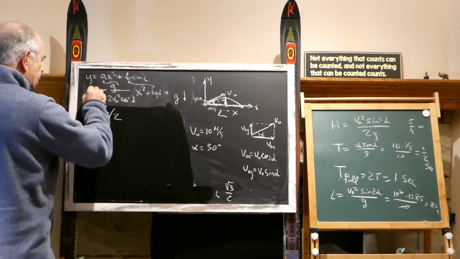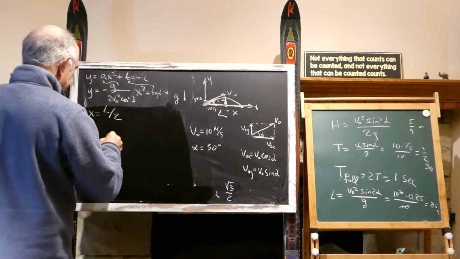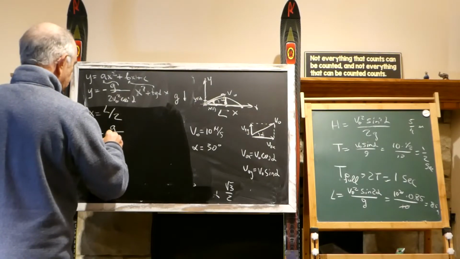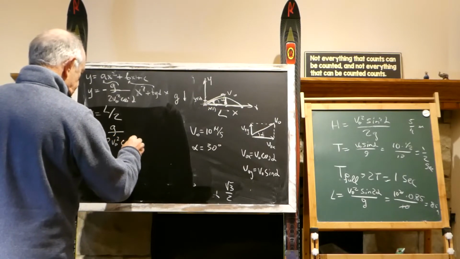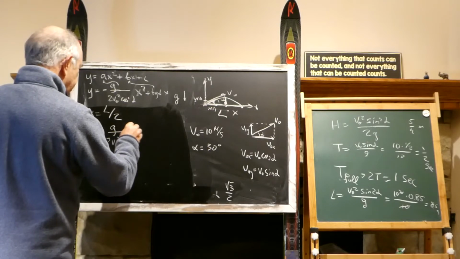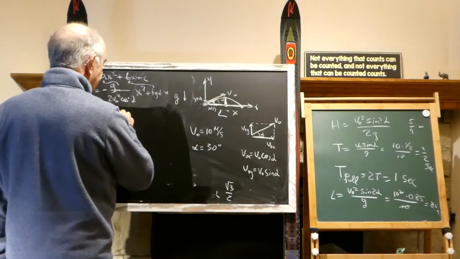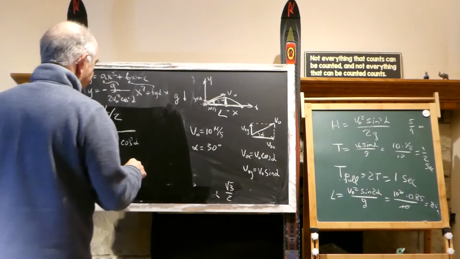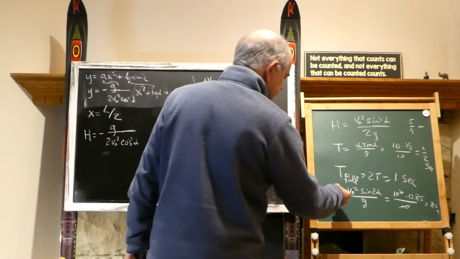So I say y, and it's not y, this is h, because this would be height, minus g divided over 2 v0 squared cosine squared alpha, and instead of x I put L over 2.